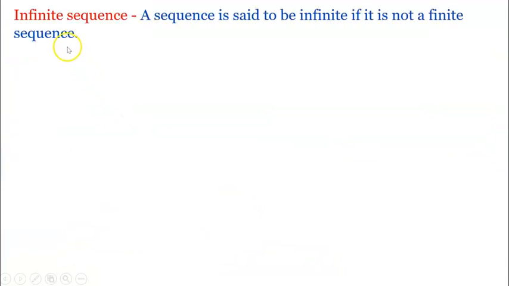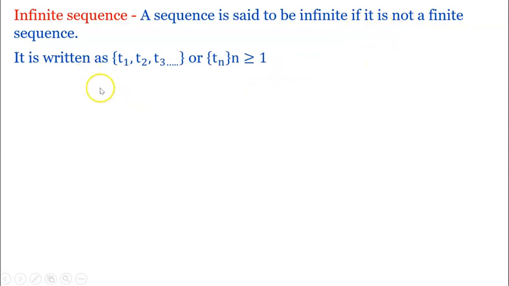Next, infinite sequence. A sequence is said to be infinite if it is not a finite sequence. It is written as T1, T2, T3 up to infinity, Tn where n is greater than or equal to 1.